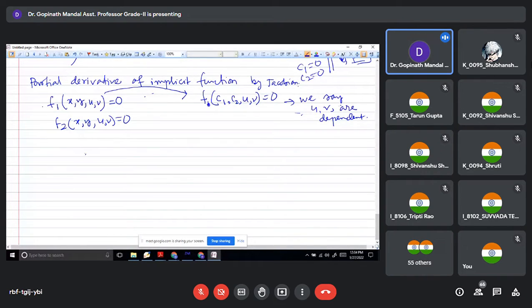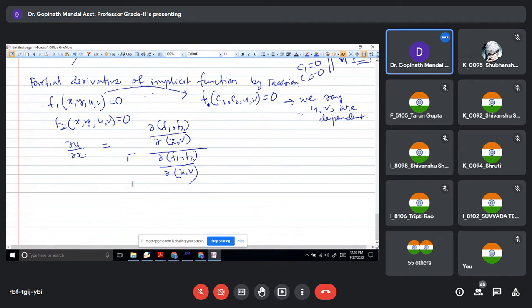So the partial derivative of u with respect to x, del u del x, equals minus the Jacobian of f1 f2 with respect to x v, divided by the Jacobian of f1 f2 with respect to u v.